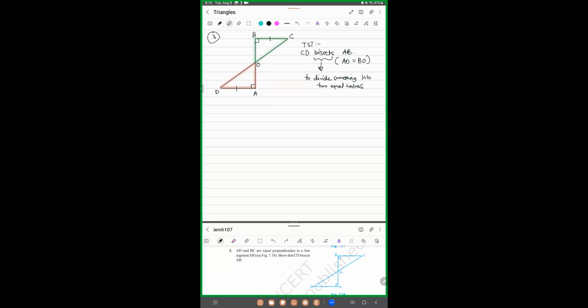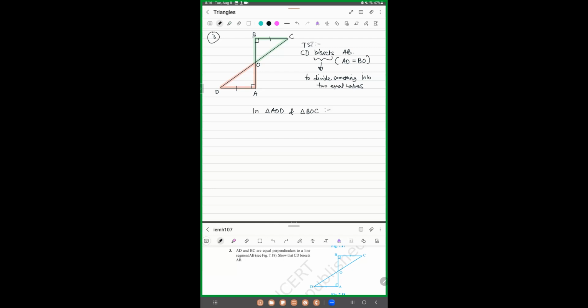In this, we have already been given that this side is equal to this side. So one side is given in triangle AOD and triangle BOC. Please keep writing it simultaneously.